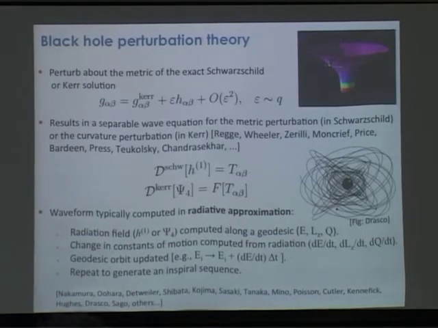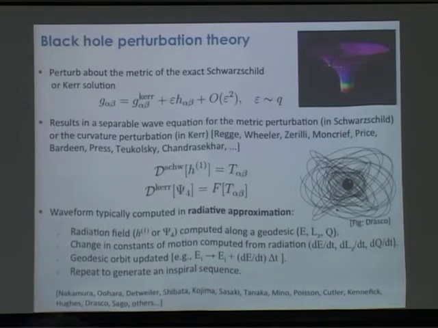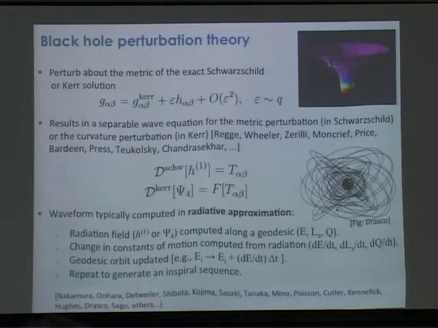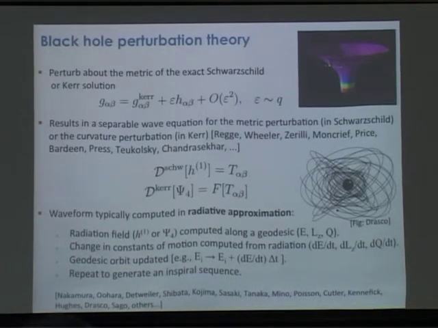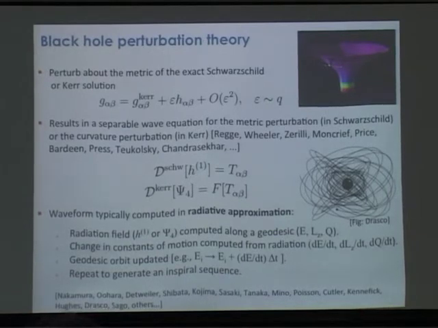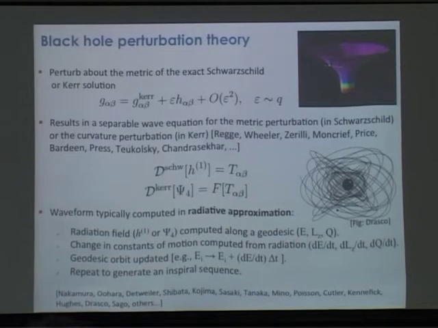Once I compute these fluxes of energy, angular momentum, and Carter constant, I shift myself to the next orbit, a little bit inner. I iterate this procedure and generate a sequence of geodesic orbits, which I then string together. I know what the waveform is along each orbit, so I can string that together and produce a waveform as a function of time for the entire inspiral.